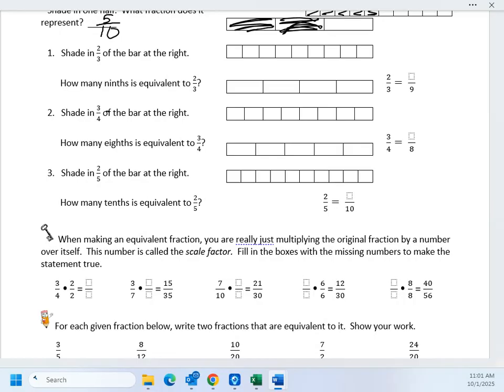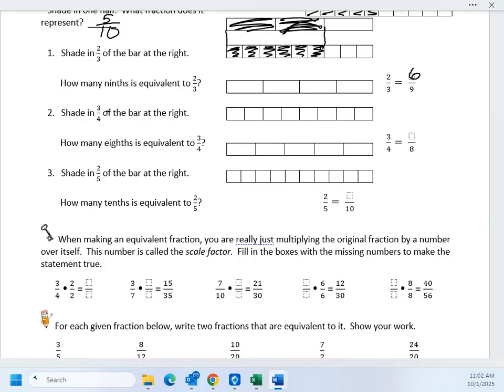I'm going to shade in the same amount. So I'm shading in 1, 2, 3, 4, 5, 6. So 6/9 is equal to 2/3. It's the same amount that's being filled in on our bars.